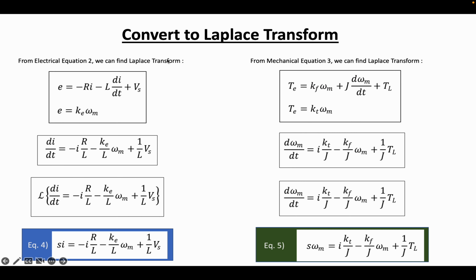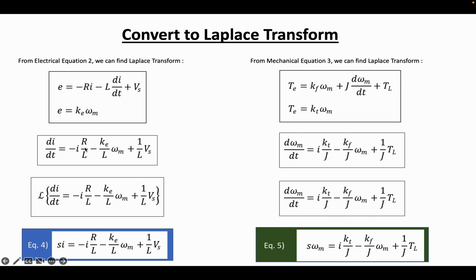After we found equation 2 and equation 3, we have to convert to the Laplace transform to get the transfer function. For the electrical equation 2, we found this equation before, and we know the back EMF equals Ka omega m, so we can find this equation.